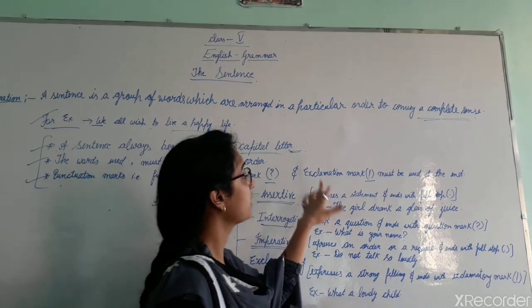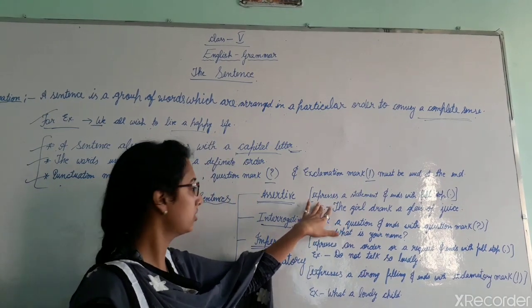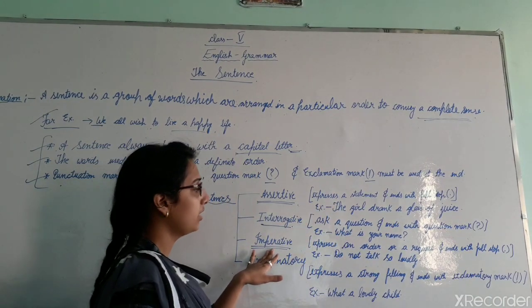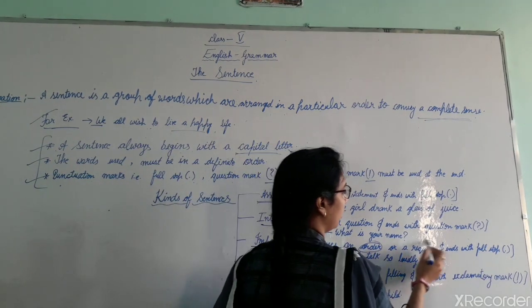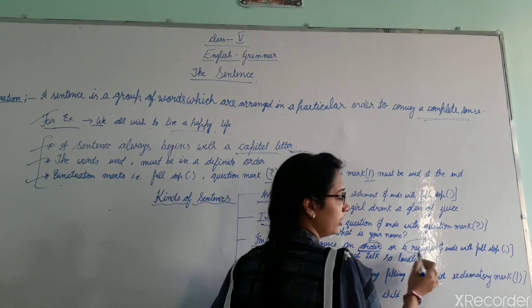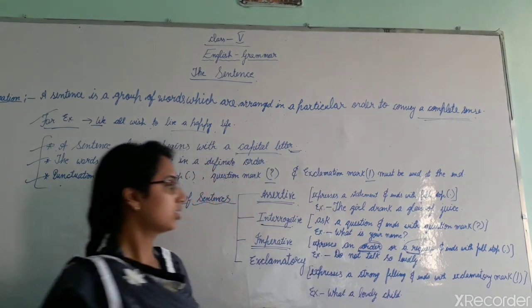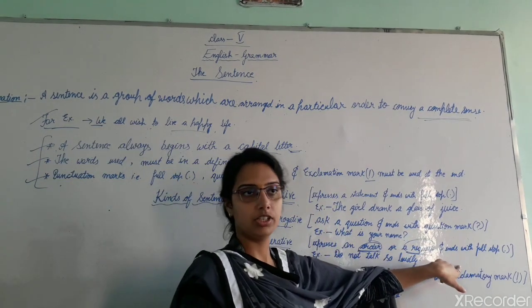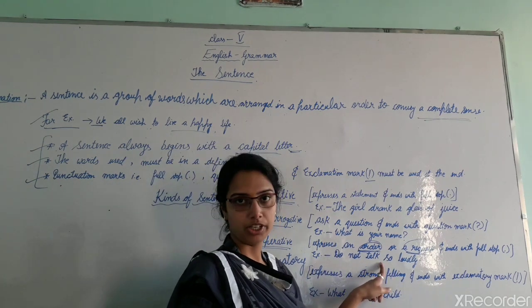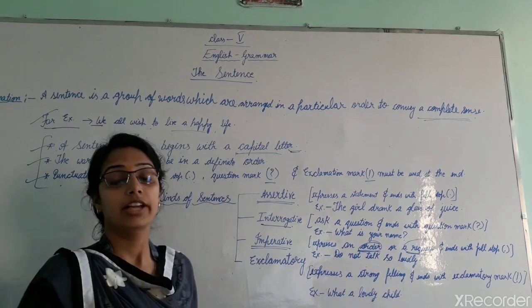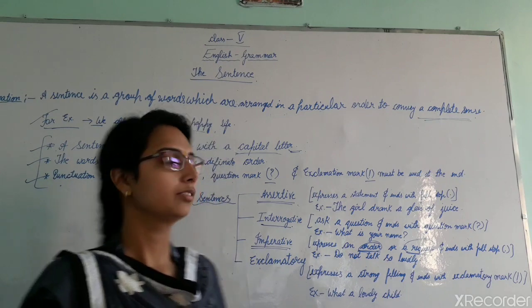Assertive sentences express only a statement, whereas imperative sentences express an order or a request and end with a full stop. For example, do not talk so loudly. So this is an order that do not talk loudly.